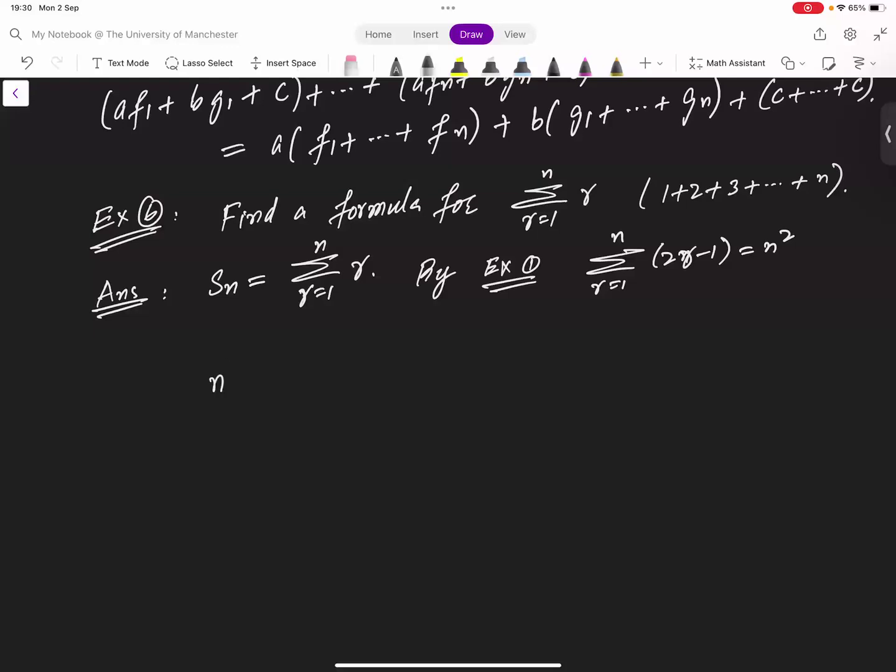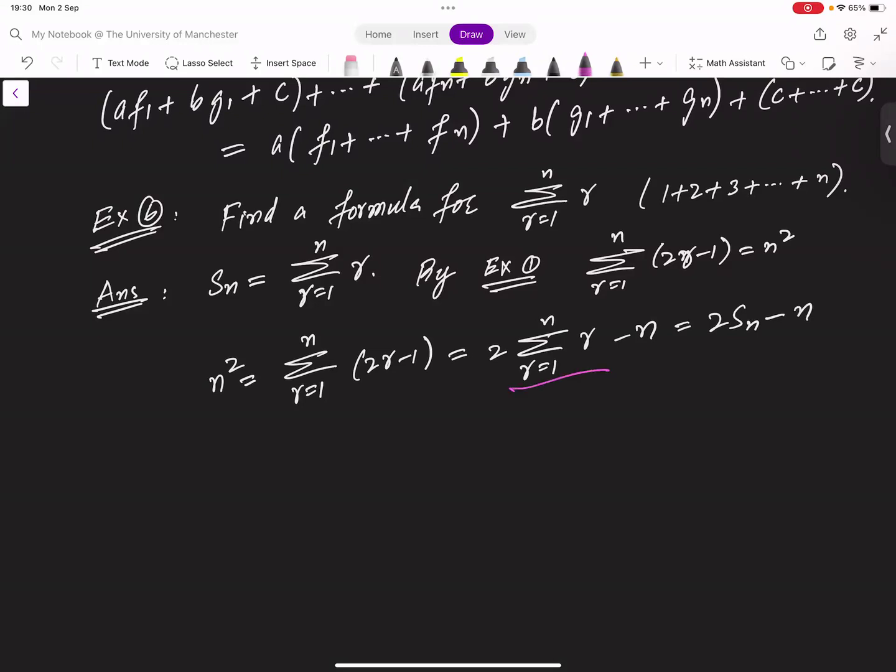So we can say n squared is nothing but the sum of 2r minus 1, which is 2 times the sum of r minus n, which we can write as 2 S_n minus n, because this sum is S_n.